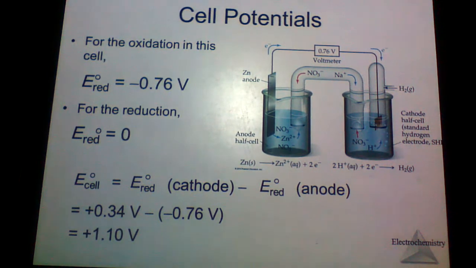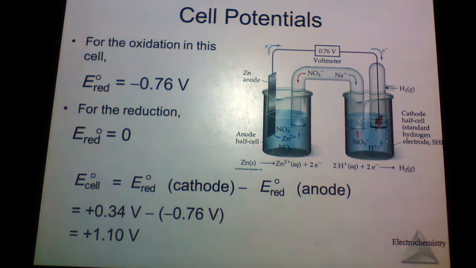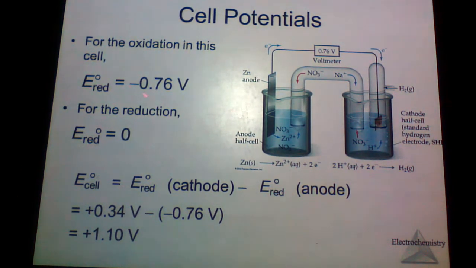Forget about this here, because this is for a totally different reaction, so we can just pretend like this doesn't exist. So to find out what the overall cell potential would be, I always want to take what minus what? Remember, I want to take cathode minus the anode.